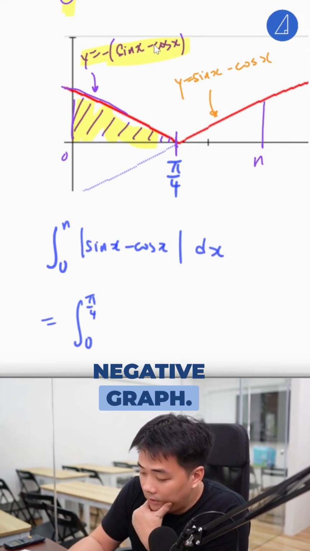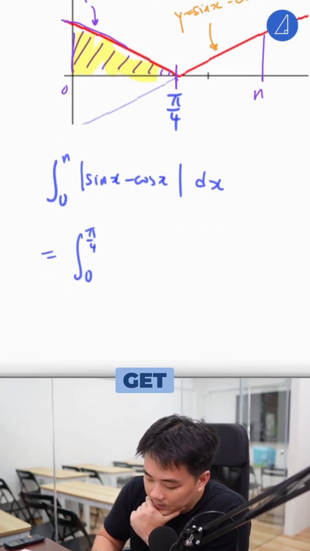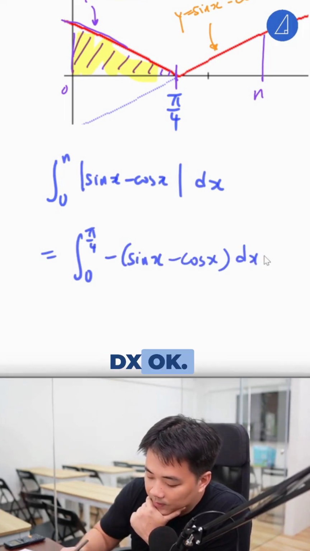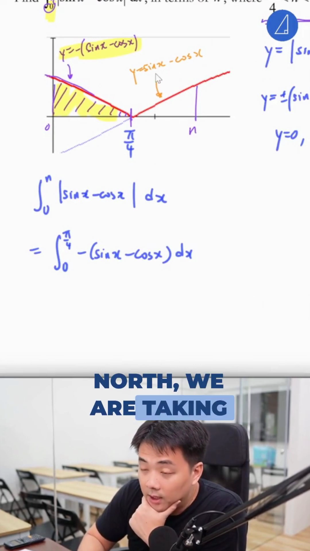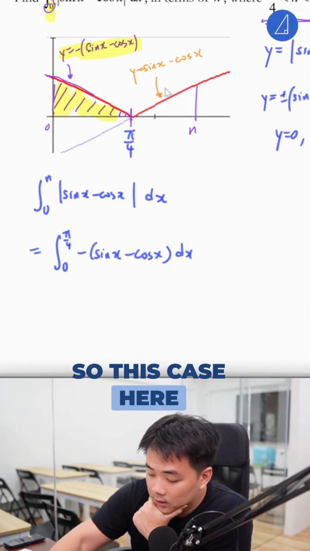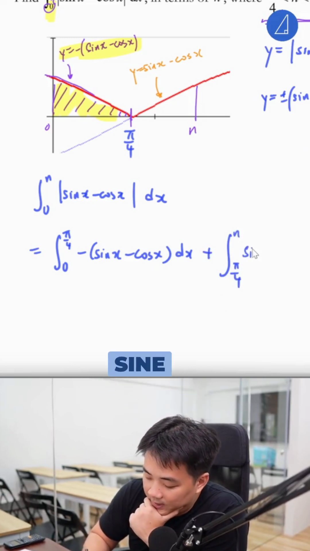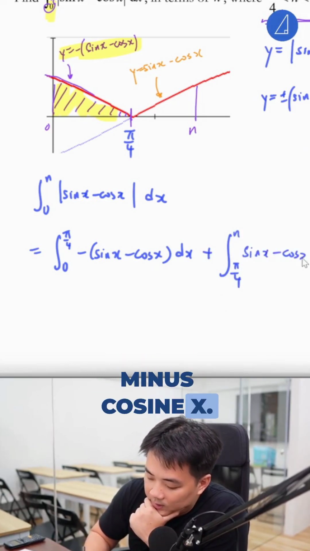So we'll get the integral of negative sine x minus cosine x dx. Then from pi over 4 to n, we are taking the positive graph, so we'll get the integral of sine x minus cosine x. This is the setup.